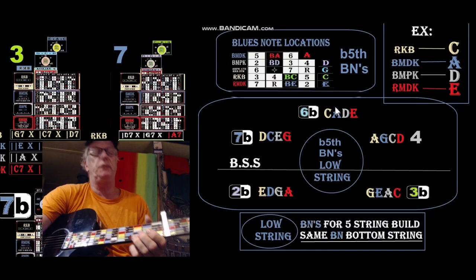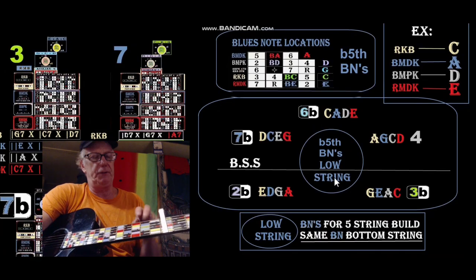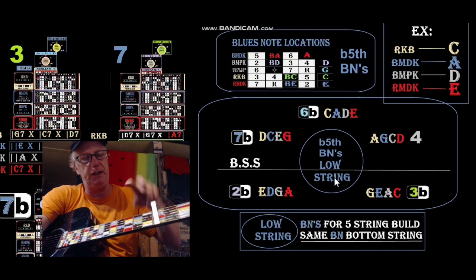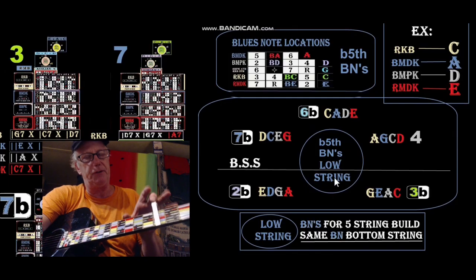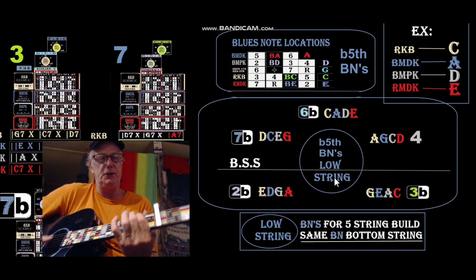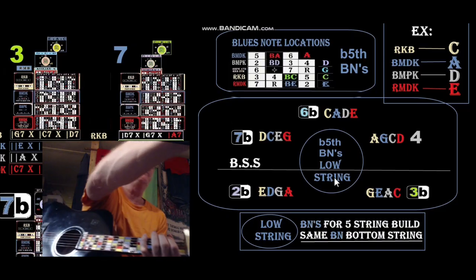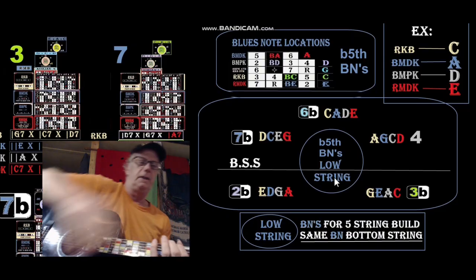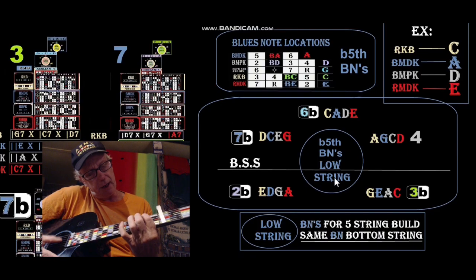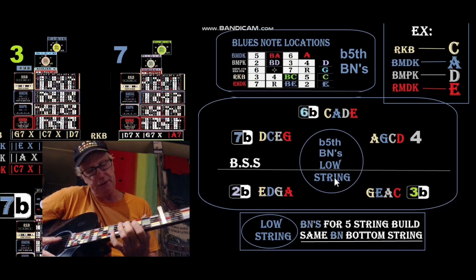Where's that blues note? Exactly where it was before. It doesn't change in each of the cages. So this note, okay, and then we're just going to go to an octave of that in the next cage.